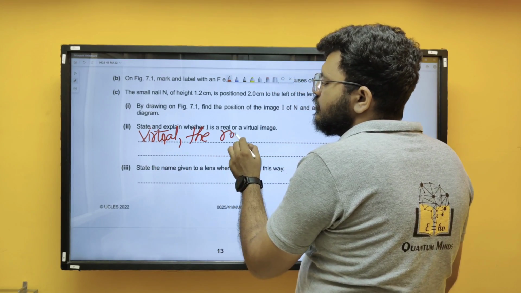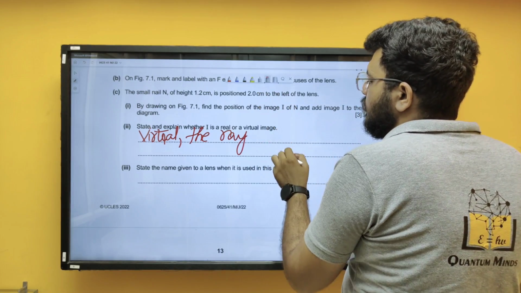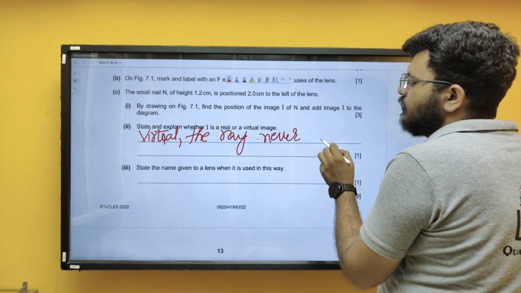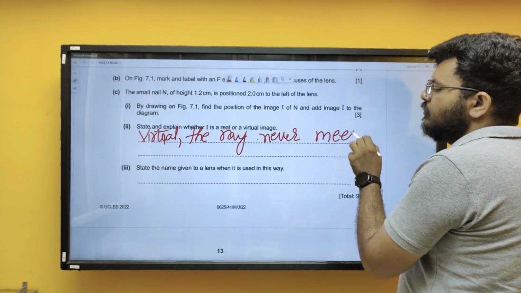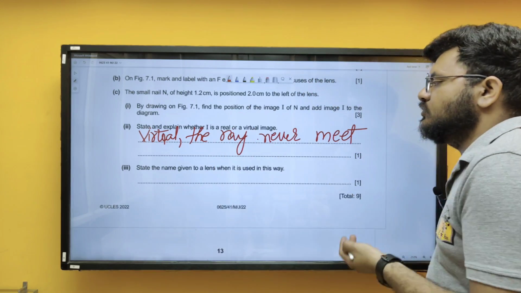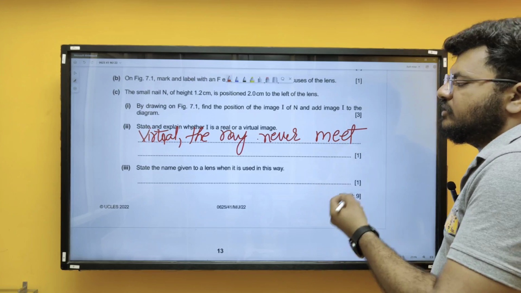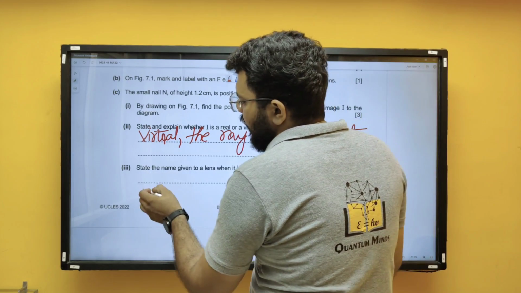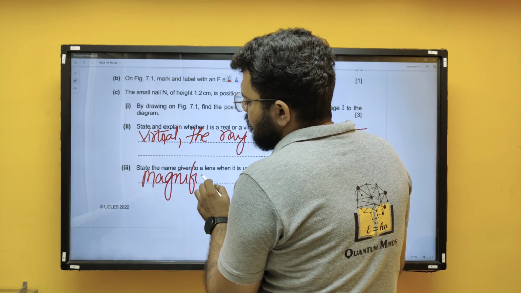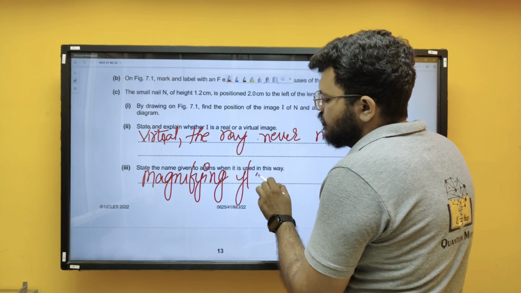The rays never actually meet, or just never meet, because for a real image the rays must actually meet. State the name given to a lens when it is used in this way. This is a magnifying glass, right? So magnifying glass.